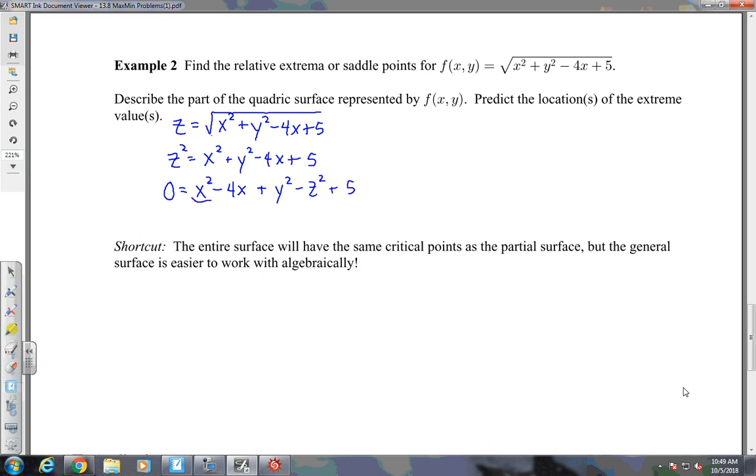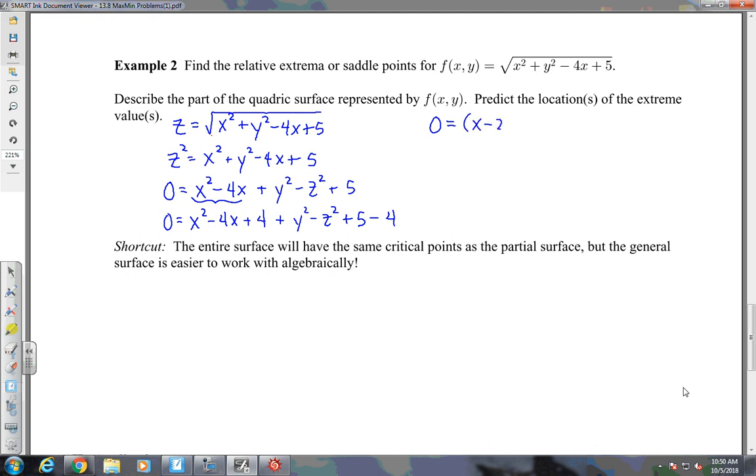We can complete the square in x to recognize a transformation. If we complete the square in x, we divide this coefficient negative 4 by 2 and square it to get 4. But since we added 4, we need to subtract it off to keep our equation balanced. And then we can factor with respect to x.